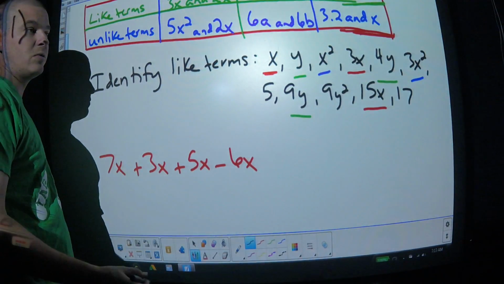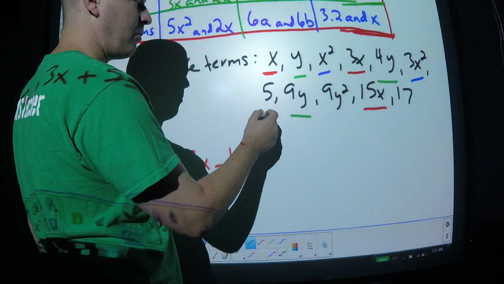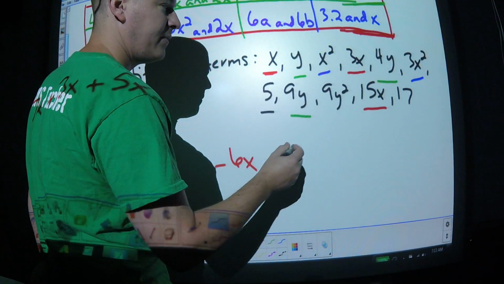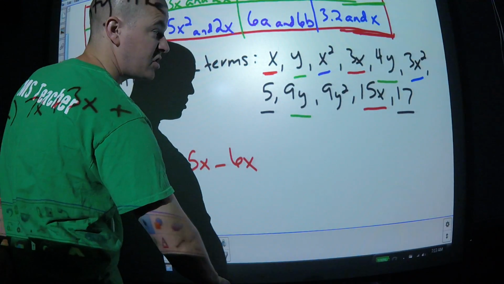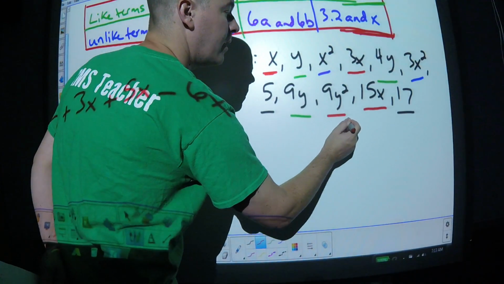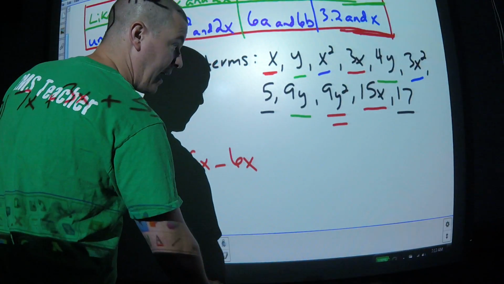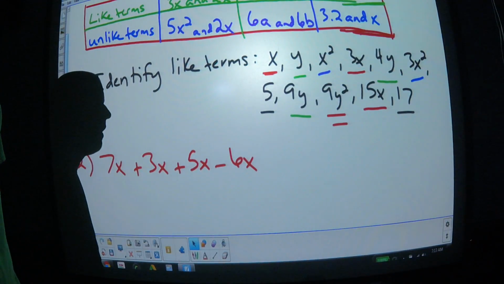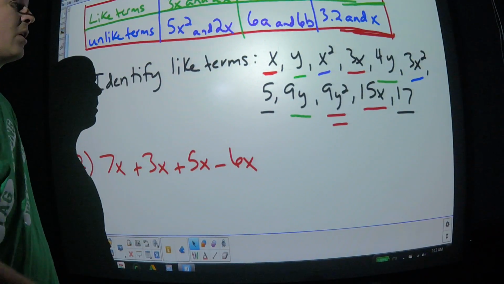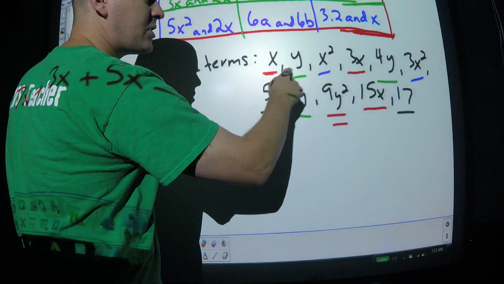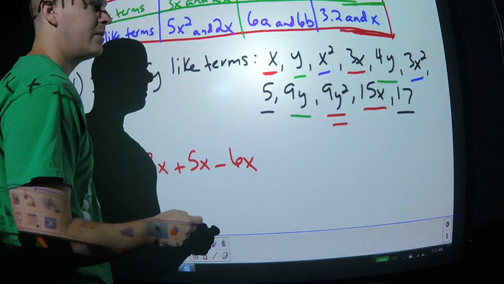Then looking at the next thing that we have in common, we've got constants. We've got 5 and 17, which leaves us just with 9y squared as the lone like term as well. So we've identified each of the like terms.